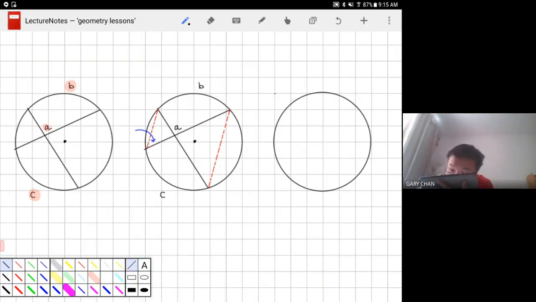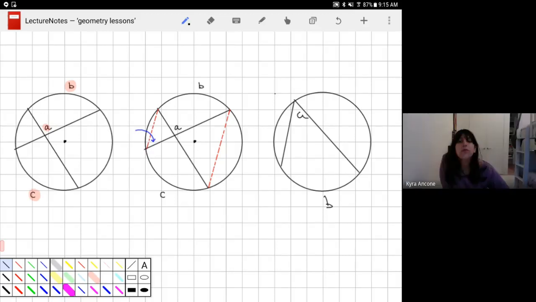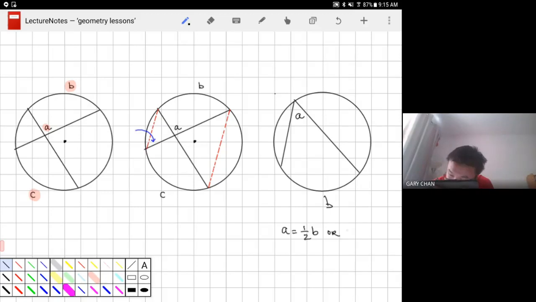What is the relationship in this setup right here? How is the intercepted arc and the angle related? Oh, A is half of B and B is twice A. A is half of B, or B is twice A.